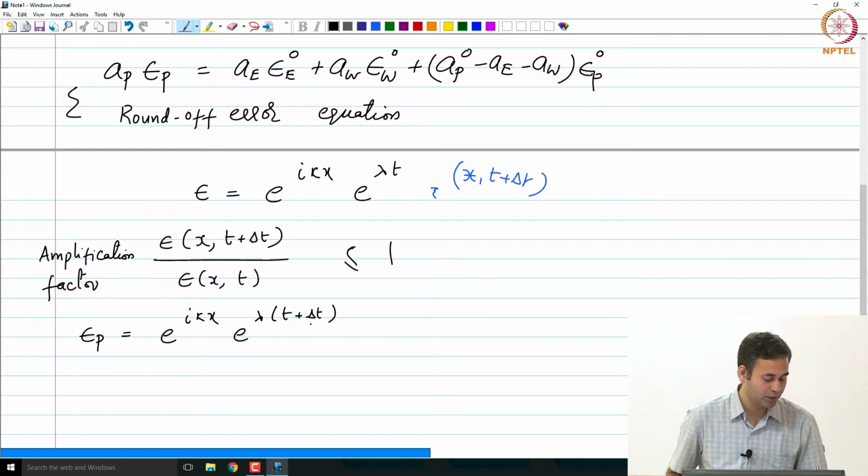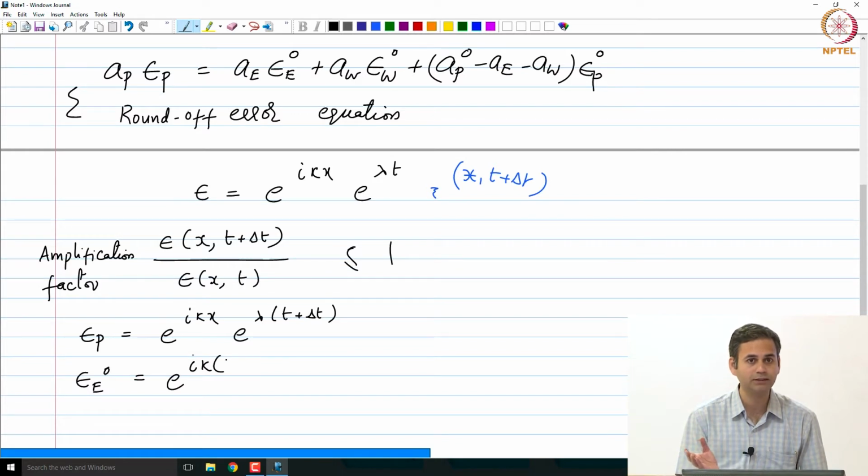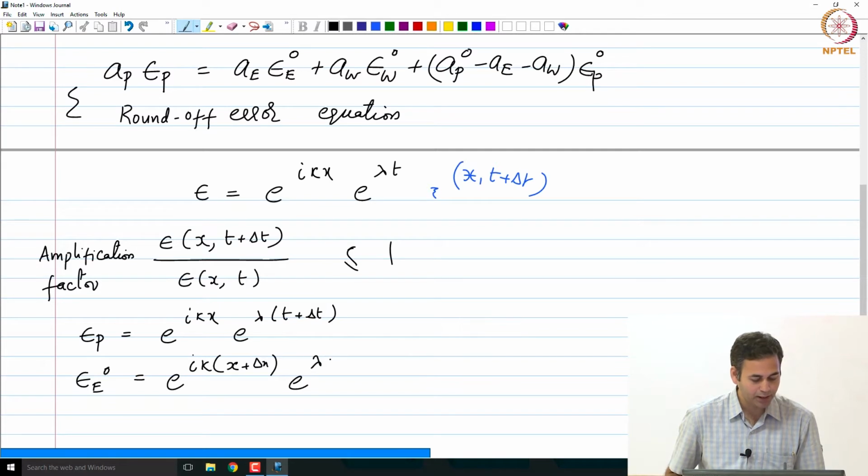Similarly, epsilon e 0, for the east cell x is x plus delta x, so this is e to the power I k x plus delta x, e to the power lambda t, because we are looking at time level t 0. So, this is t.